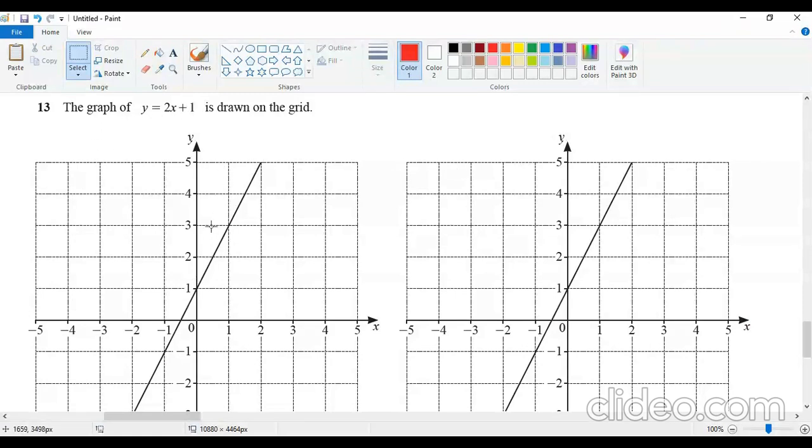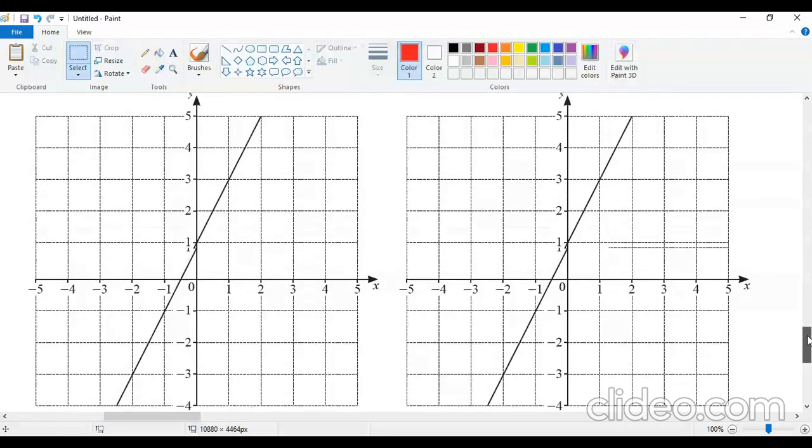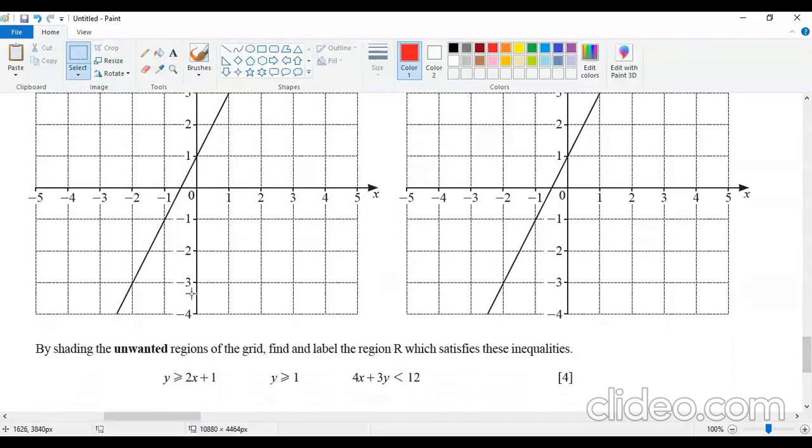This line that you can see is 2x plus 1. Now what they want is, by shading the unwanted region, you need to shade the unwanted regions. Find and label the region R which satisfies these inequalities. All three should be satisfied.